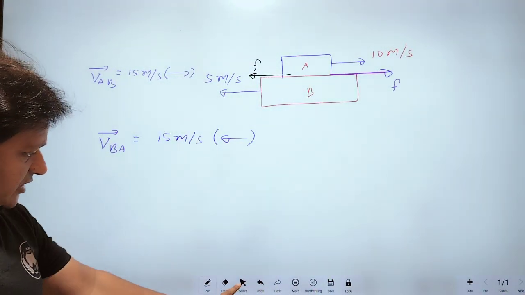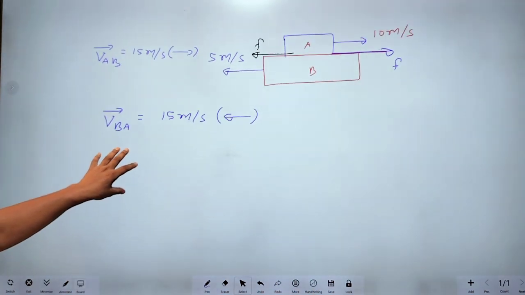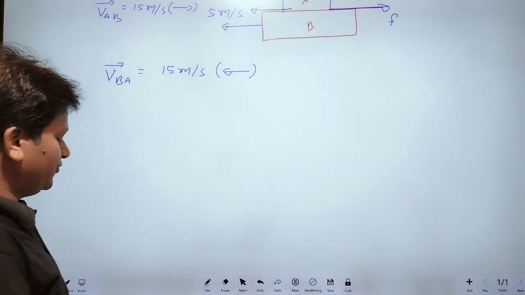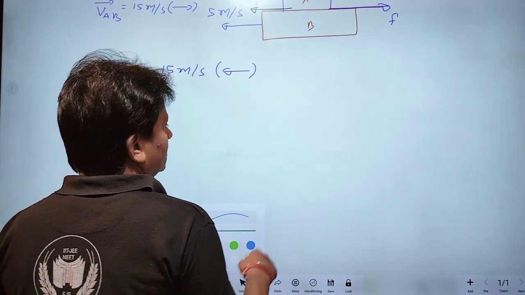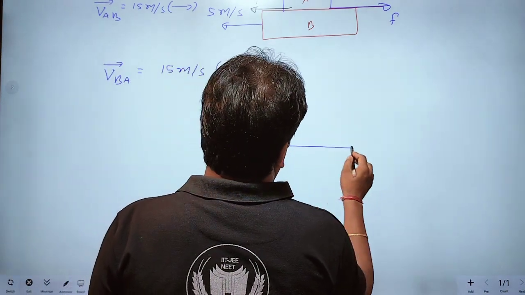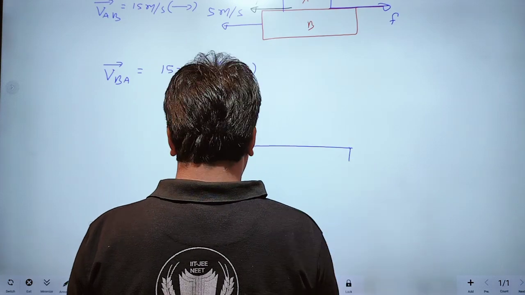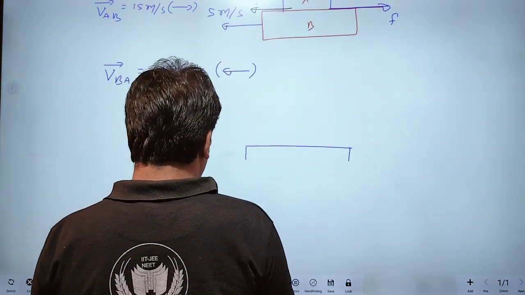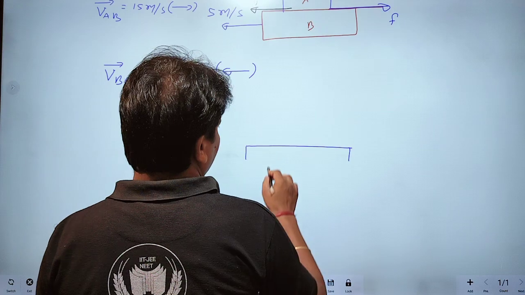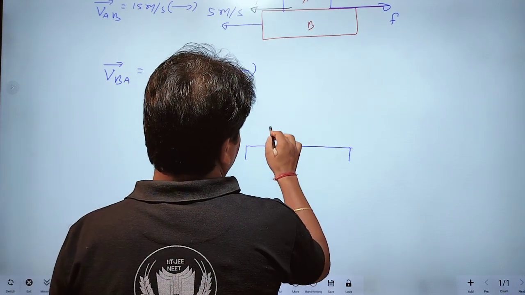Now we are going to take another example in which one surface is at rest with respect to ground and the other surface of contact is moving with respect to ground.